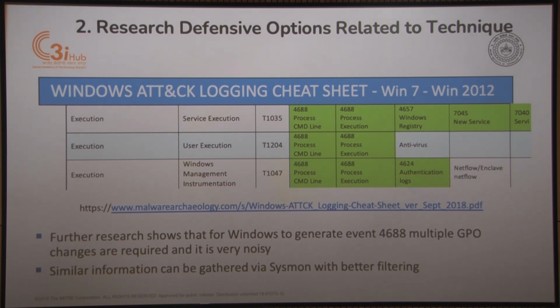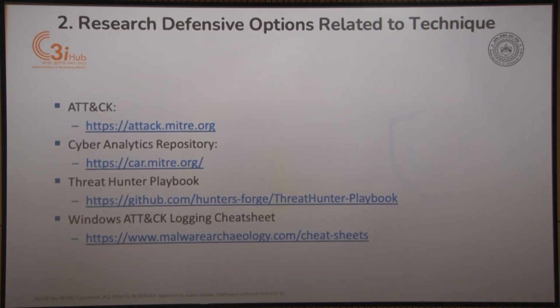For example, you can see that Windows event 4688 has the process command line and process execution, with this TTP, user execution, inside the execution tactic. So, whatever defensive options we discussed just now have been listed here for reference. One can go and search here to understand the defensive options for the TTPs. All these references are aligned with the MITRE ATT&CK matrix, so all these defensive options are aligned with the TTPs listed in the MITRE ATT&CK framework.